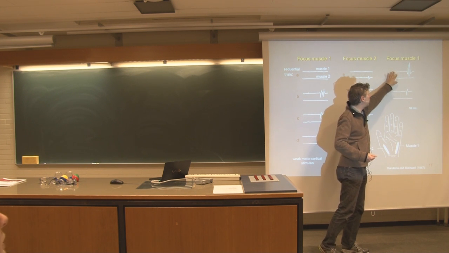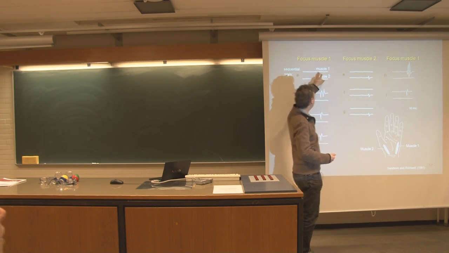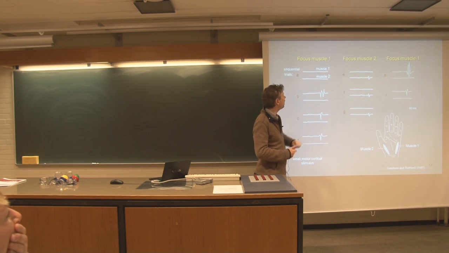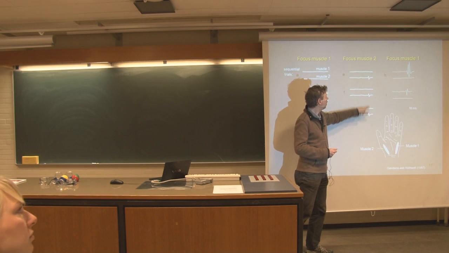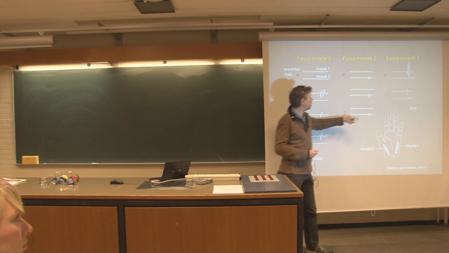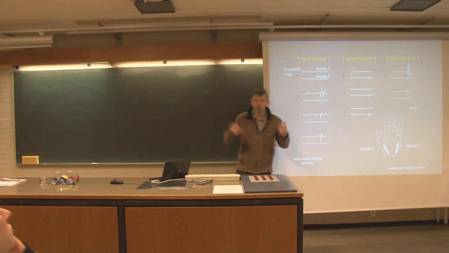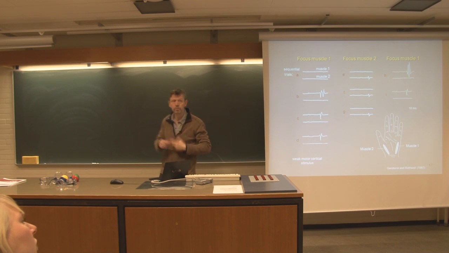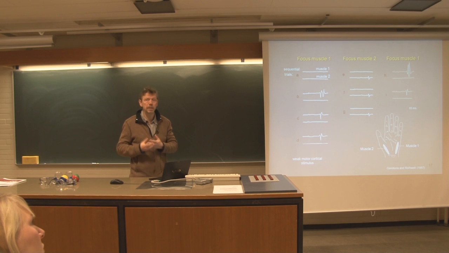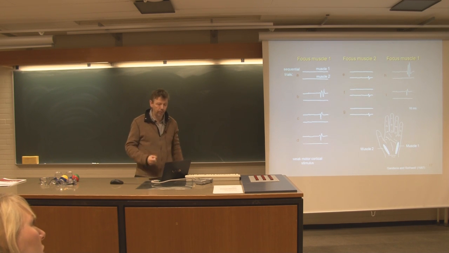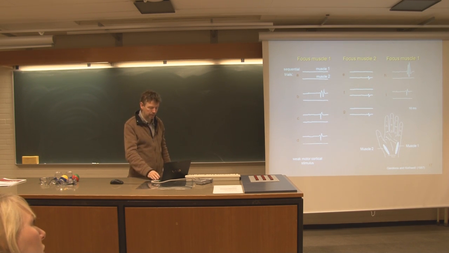So when the subject focuses on muscle 1, the motor evoked potential there becomes much bigger. When he focuses on muscle 2, the motor evoked potential in that muscle becomes much bigger. So you can do very much the same thing also for the motor system and increase the excitability in the motor cortex by focusing on different parts of the body.